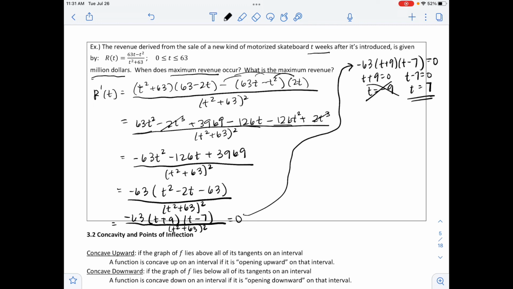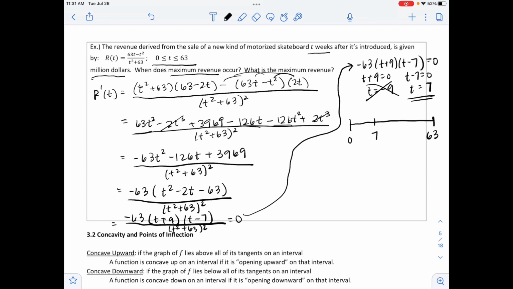And so our time is also given to us as between 0 and 63. And so when I draw my number line, I'm going to have it start at 0 and go to 63. And the only critical value that we have is 7.